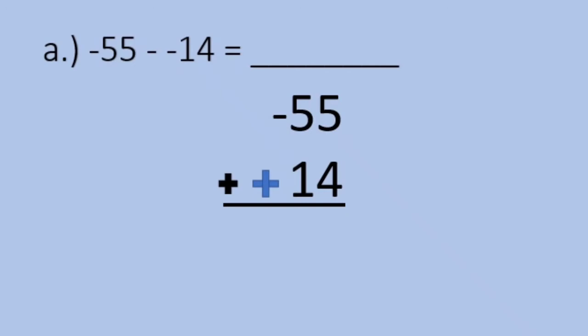And then let's subtract. So negative 55 minus 14, it will have 5 minus 4 is 1, and 5 minus 1 is 4. And now let's use the sign of the number with the greater absolute value, which is 55, and 41 will become negative 41. So the answer is negative 41.